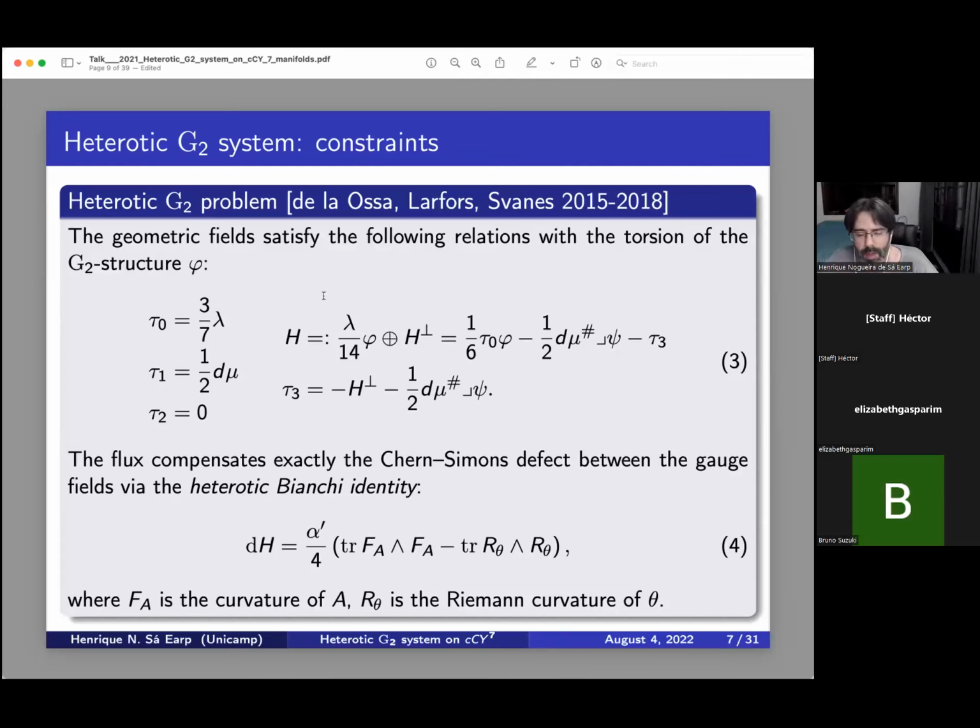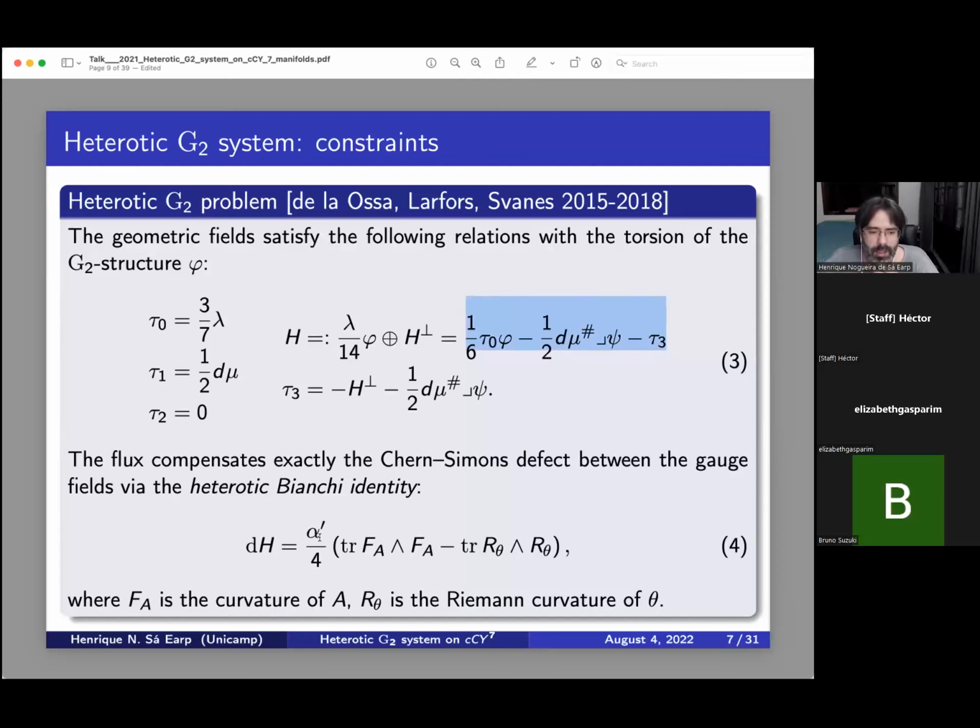And the flux can be constructed from the previous information in a definite manner in such a way that an anomaly-free condition, also referred to as the heterotic Bianchi identity, is satisfied.